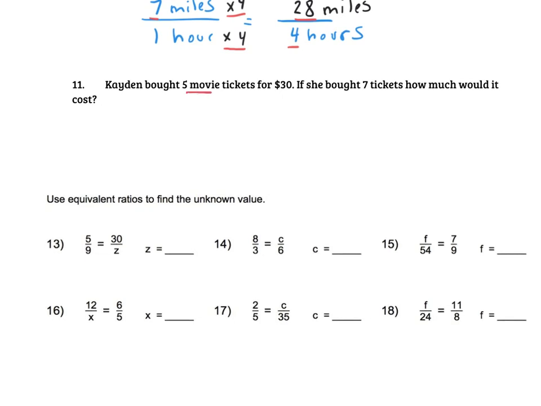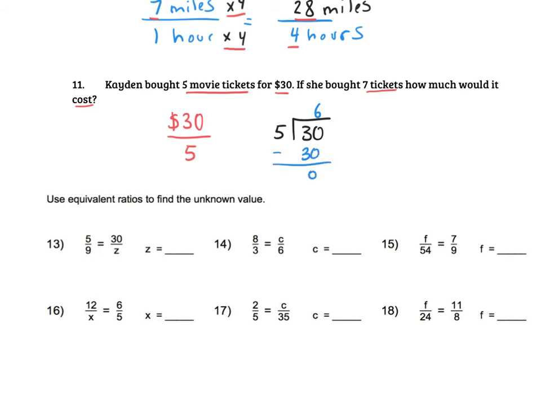Kaden bought 5 movie tickets for $30. If she bought 7 tickets, how much would it cost her? So let's figure out how much it costs per 1 ticket. If it's $30 for 5 tickets, we need to divide, right? 5 goes into 30 6 times.